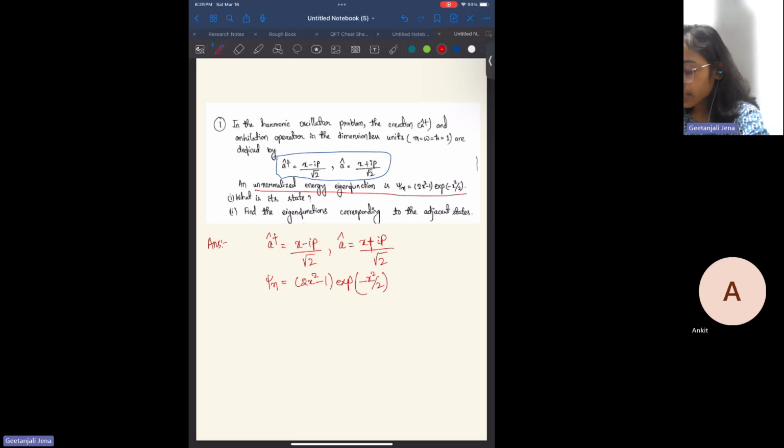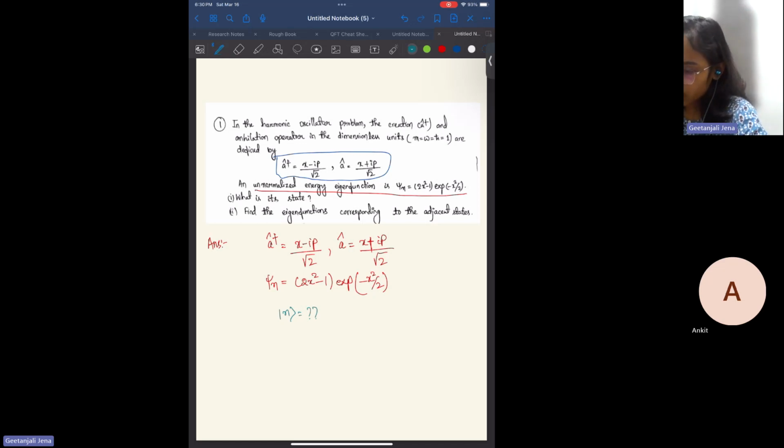Now it is asking what is the state of this system, like what is the quantum state of the system, and also to find the eigenfunction corresponding to the adjacent states. So first you need to find out what is the state n, right?